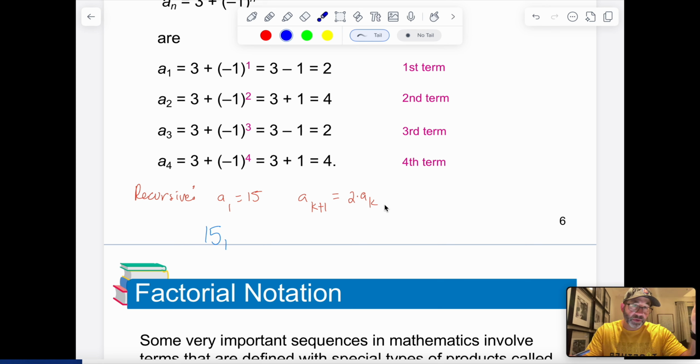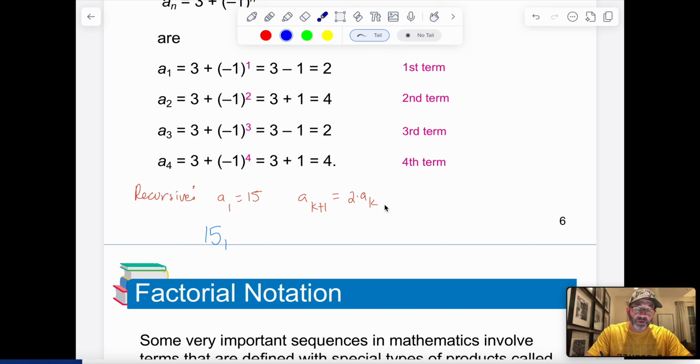Now, it's a little confusing when you look at it, but again, my next term is going to equal twice my first term. I shouldn't say first term, I should say my previous term. So my next term is equal to twice the previous term.